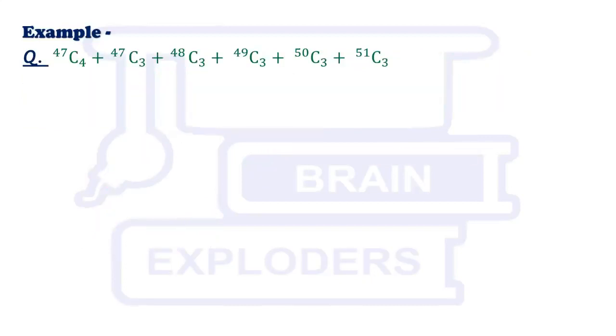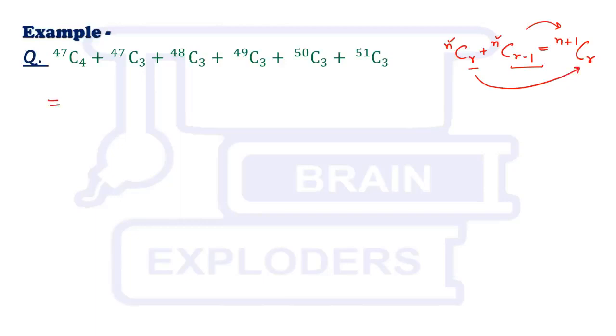Simplify this expression. Here we will use Pascal's rule. nCr plus nC(r-1) is equal to (n+1)Cr. So these two n should be the same and we give increment, and there should be a difference in r and we choose the larger one. So we will apply this concept here.